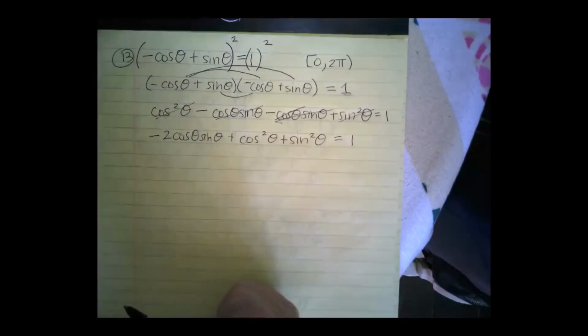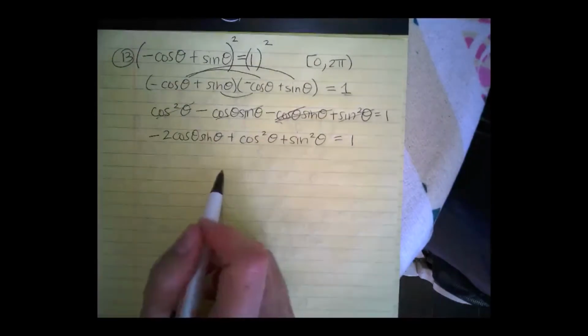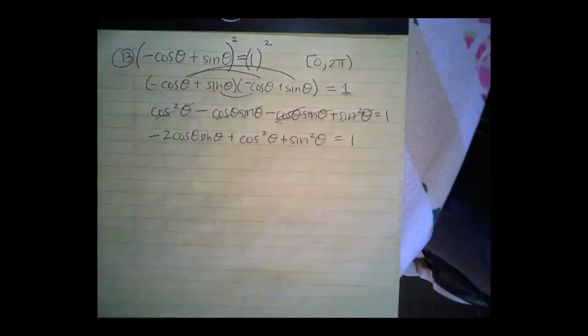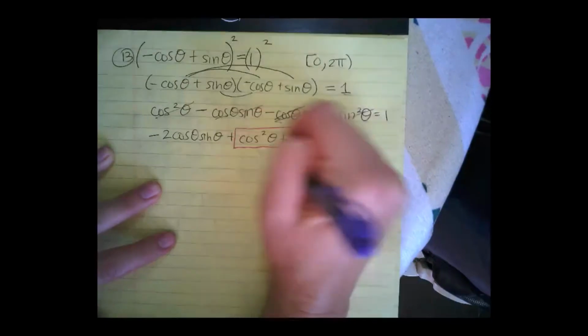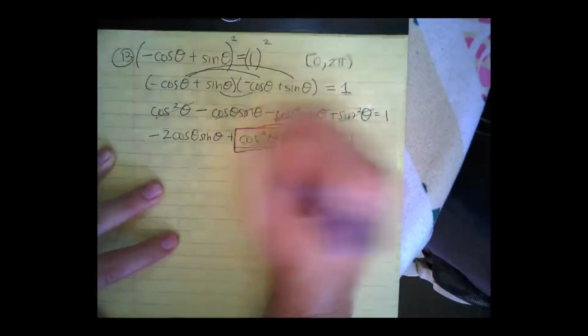Okay? Now, watch this. At first, we thought we couldn't use the Pythagorean identity on this one, but we can. But we're going to use it a different way. Look at this. Instead of taking them separately, look at cosine squared plus sine squared.